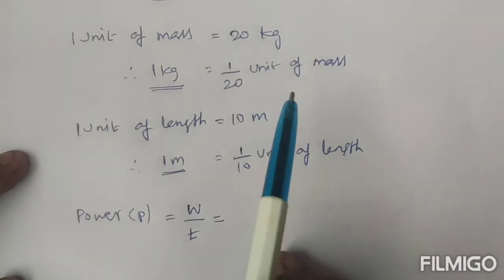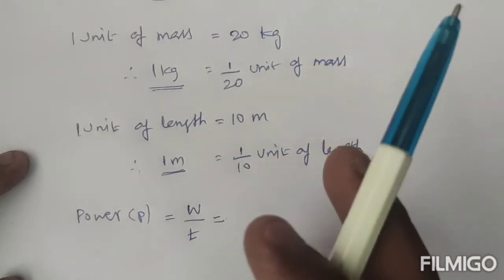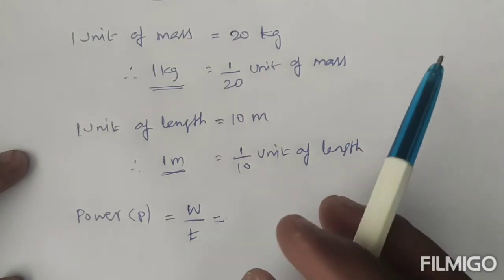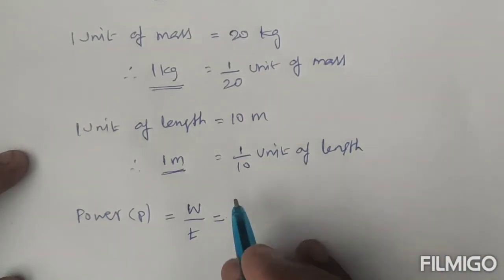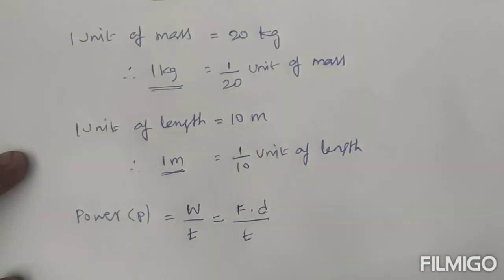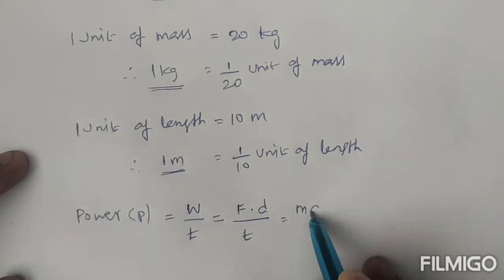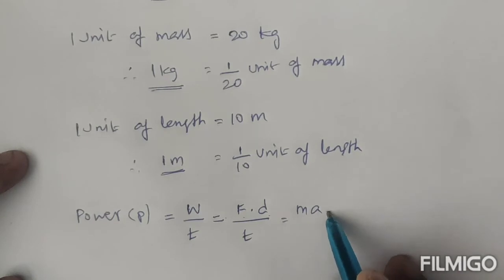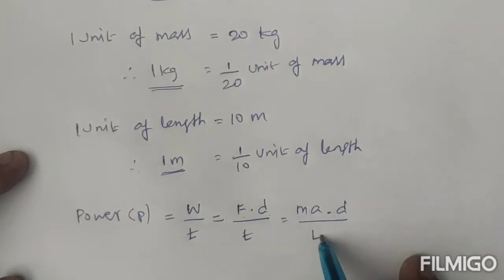Here the given information is based on time, mass and length. So I can write, for example, work done is equal to force into displacement, then divided by time. Force is mass into acceleration, then again displacement, then time.